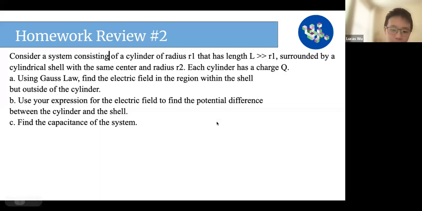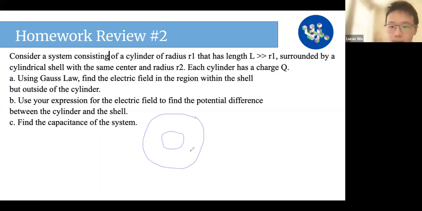First, I'm just going to draw a diagram for this so that you guys can visualize it better. This will be my outer cylinder. This is my inner cylinder. The outer cylinder has a radius of R2, so this entire distance over here is going to be R2.